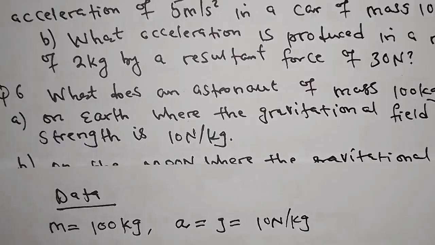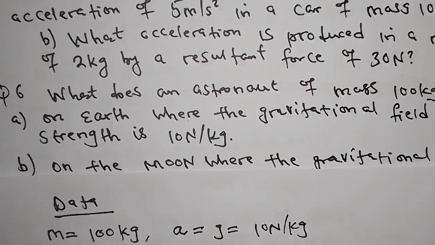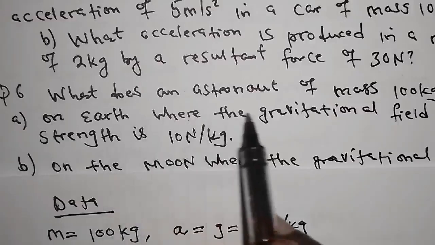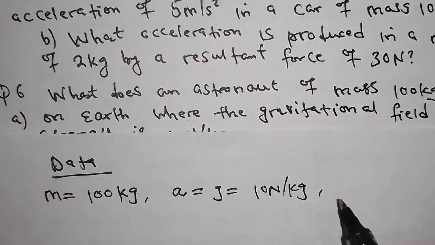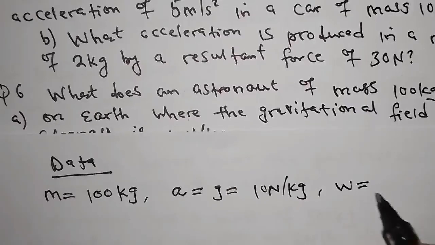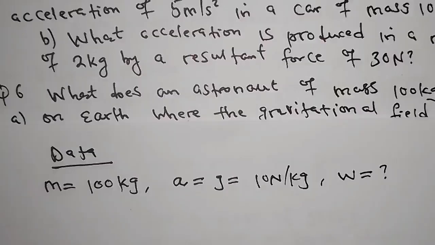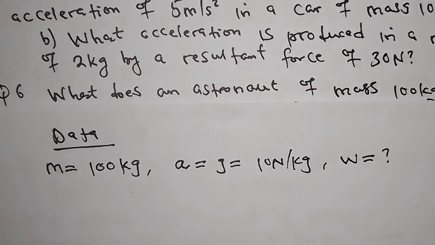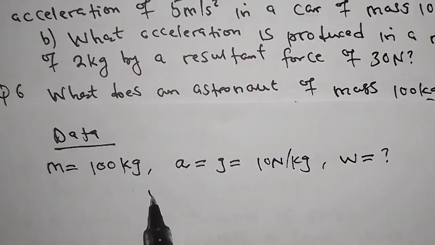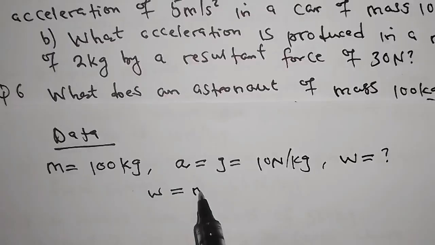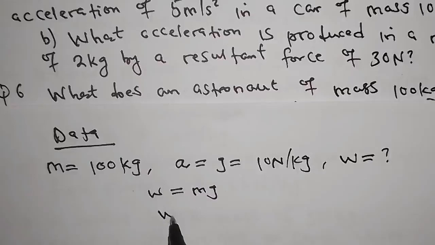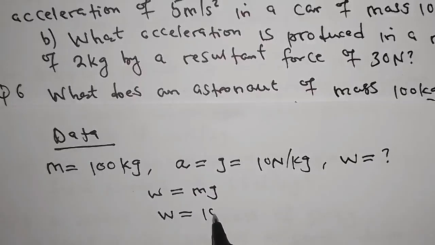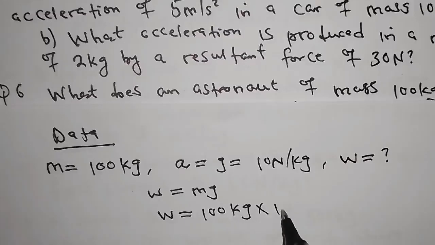Now they are asking us to find what? So what does an astronaut of mass 100 kg weigh? We are looking for the weight. Having those details, the weight of an object is equal to the mass multiplied by the gravity. The mass is 100 kg multiplied by the gravity.